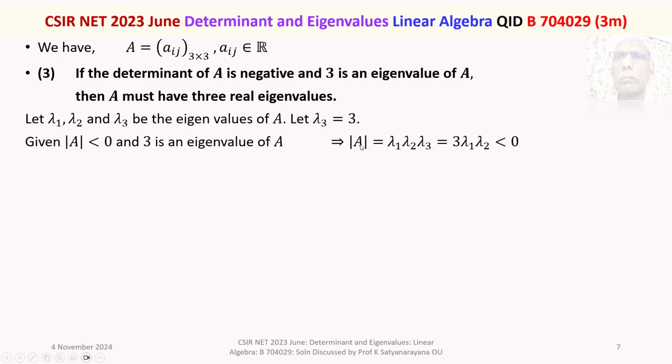The determinant is the product of the eigenvalues lambda 1, lambda 2, lambda 3. One of them, lambda 3, is 3. That will be 3 times lambda 1 lambda 2. And it is given determinant of A is negative. So 3 times lambda 1 lambda 2 is negative. It will imply the product lambda 1 lambda 2 is negative.